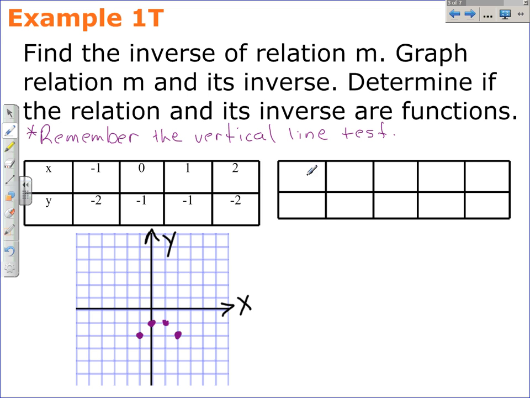Now the inverse of that, the x and the y's are going to stay put, but we're going to switch the actual values. These x values will move down here to the y, become the range. And these y values in the original relation M will become the domain values, or the x values in the inverse.